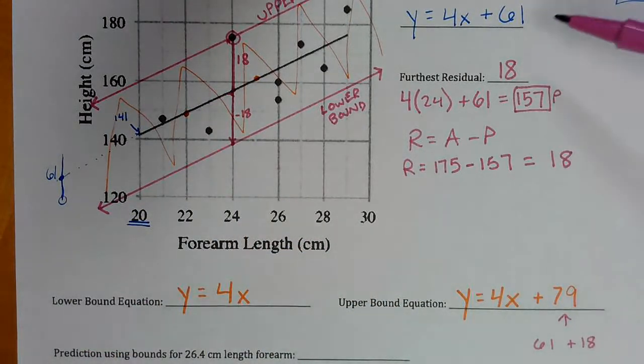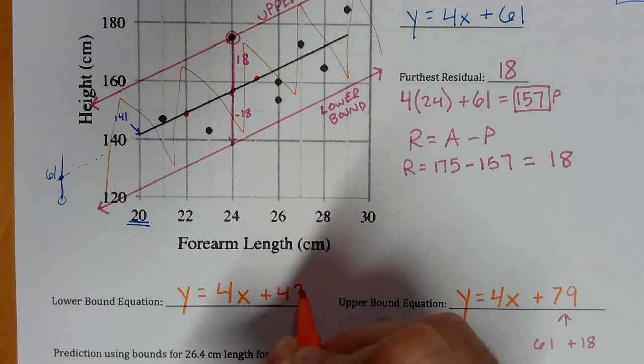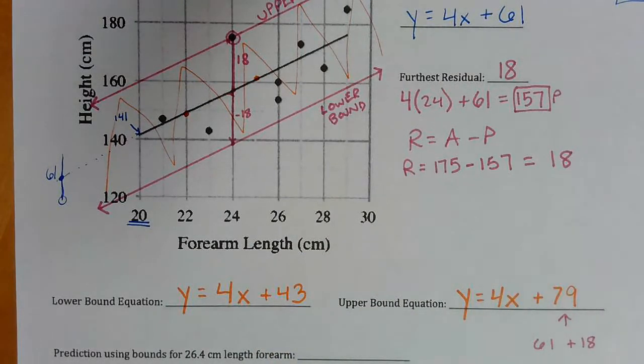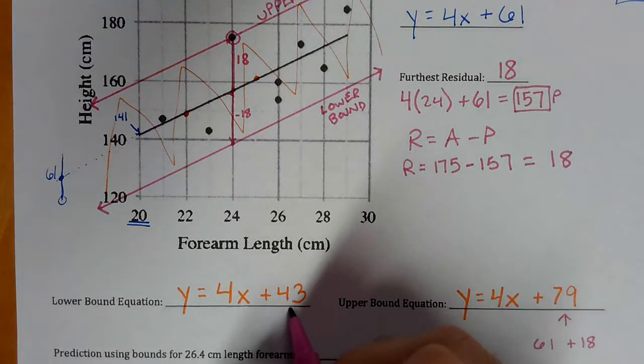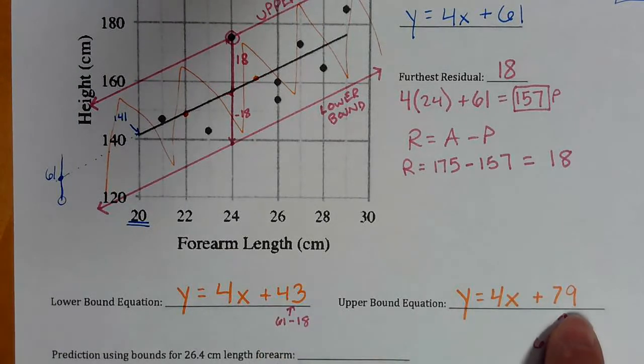So 61 minus 18 is 43. A very common error is students want to put minus 18 and plus 18 here.